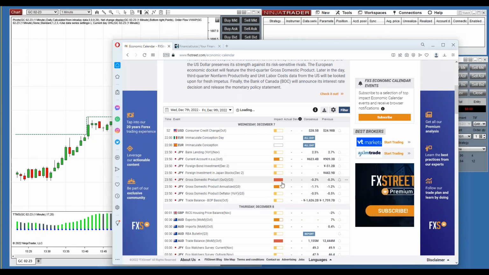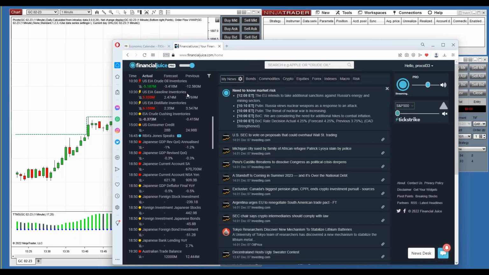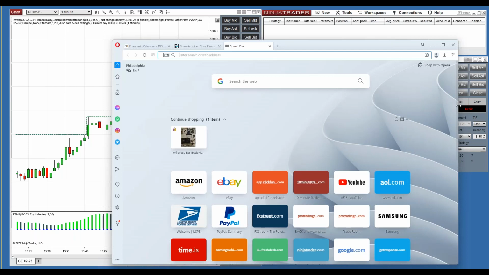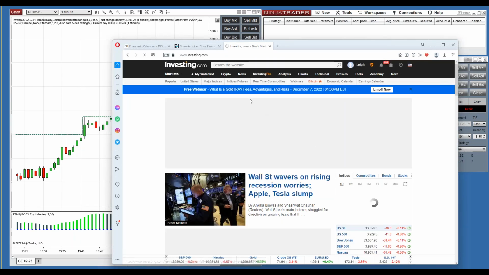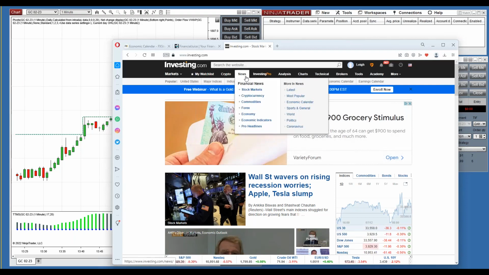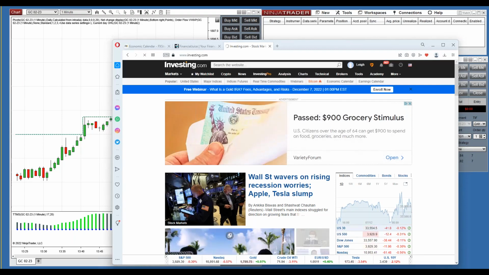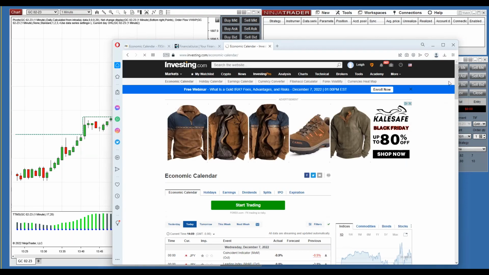The dark red is what they consider a more important event, an event that they feel will move the market more. Financial Juice, they use these little circles. Red is more important than orange, okay? And then investing.com, they use this goofy bull system, right? And I don't really care what they use. It's okay.